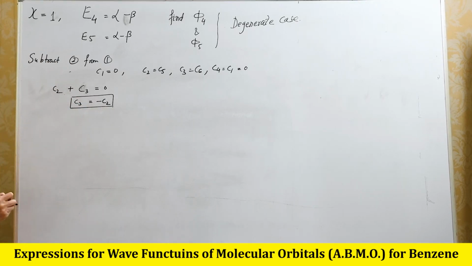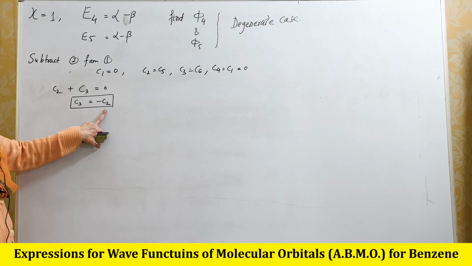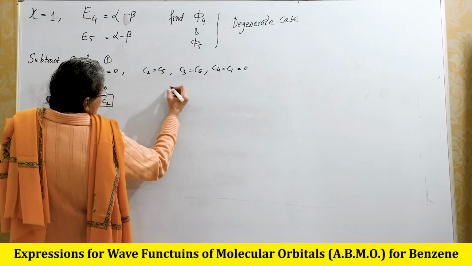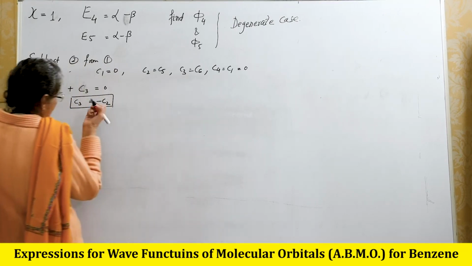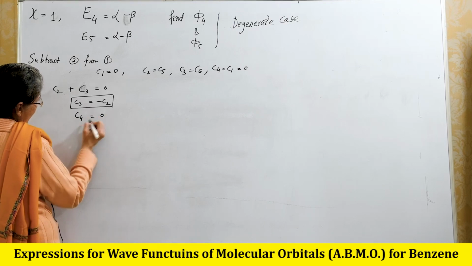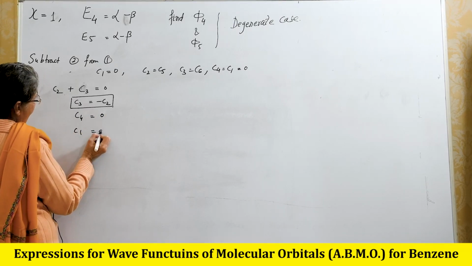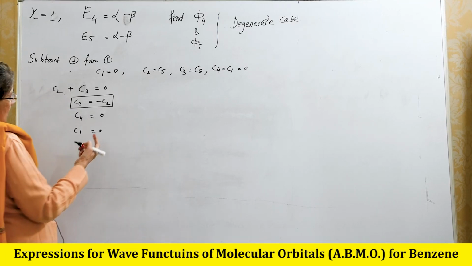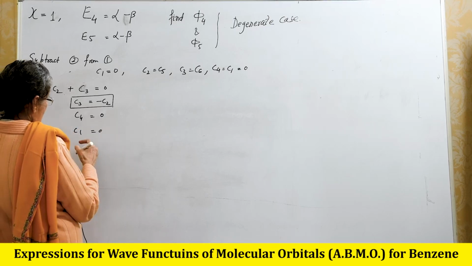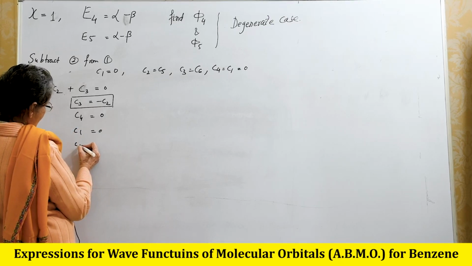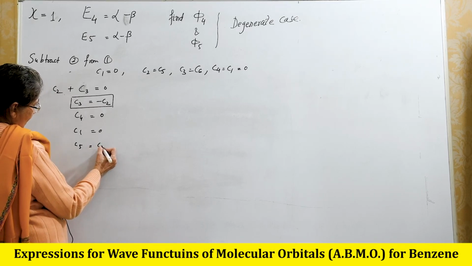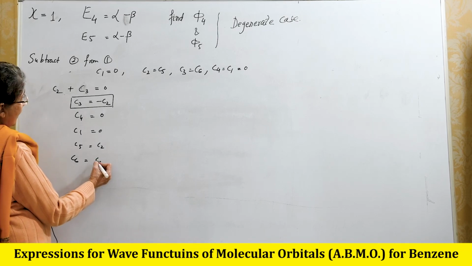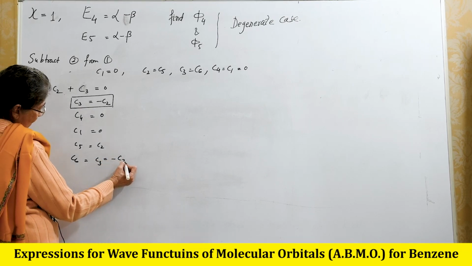Now we will take all the coefficients in terms of C2. C4 is already 0, C1 is already 0, C5 is already in terms of C2, and C6 is equal to C3, which is equal to minus C2.